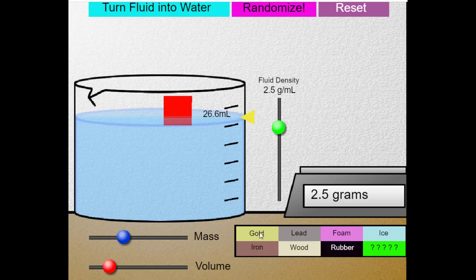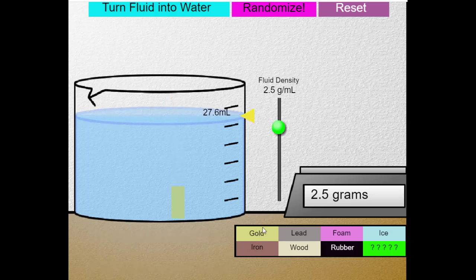Now let's check out gold, for example. Let's say I have a piece of gold. Notice that this object sinks. Let's find out what its density is. I'm going to put it on the scale, and we get 40.53 grams. And again, my starting volume is 25.5.